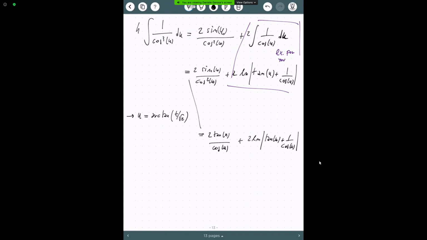Okay, so first of all, you can notice that 1 minus 1 divided by cosine squared of u is equal to cosine squared of u minus 1 over cosine squared of u, which is minus sine squared of u divided by cosine squared of u. This goes away, and then we get minus tangent squared of u.